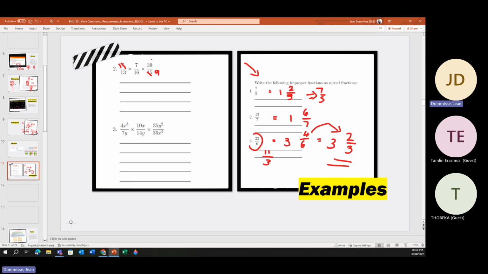Then I'm looking at, okay, so let's see what goes into 39. I think 13 goes into 39. Yes, so 13 goes into 13 once. 13 goes into 39 three times.